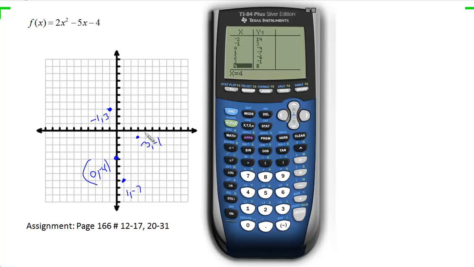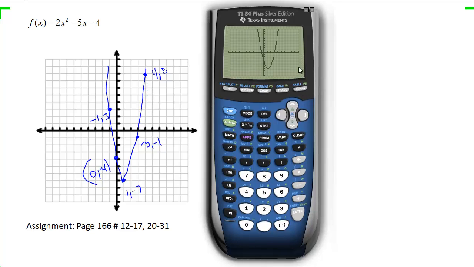And I have 4, 8. So we'll just do something like that. So it looks something like that. Again, I don't have any increasing or decreasing intervals because it's quadratic.